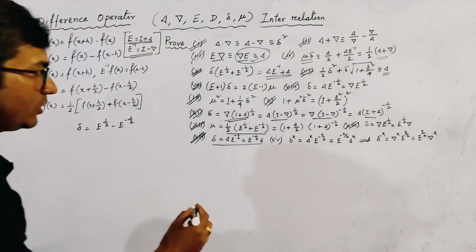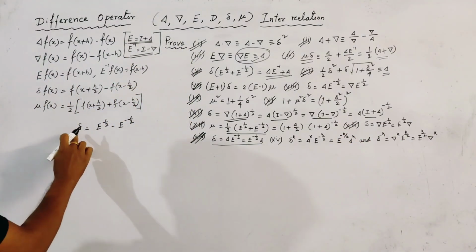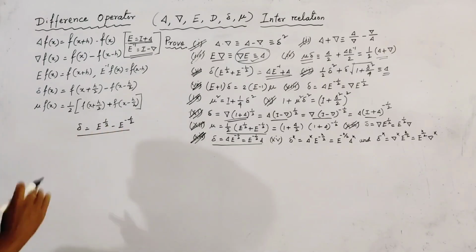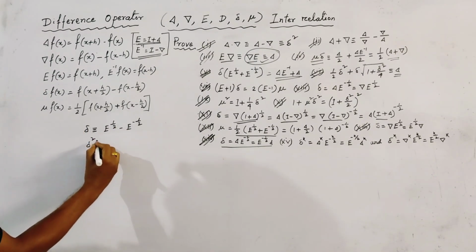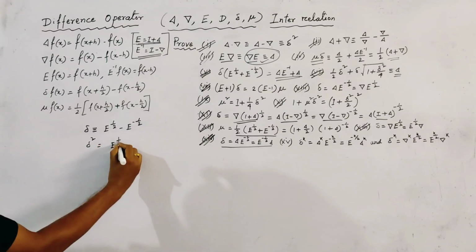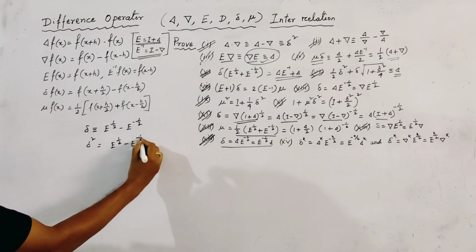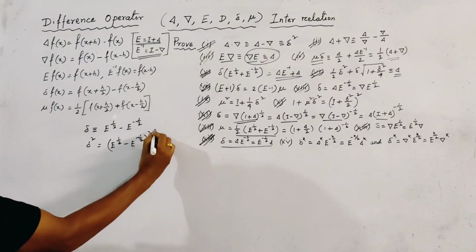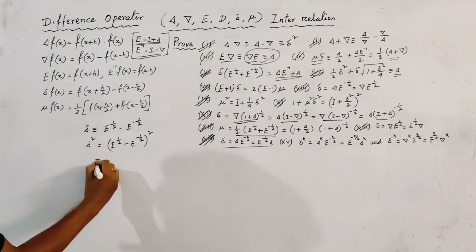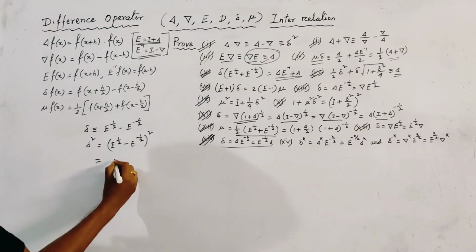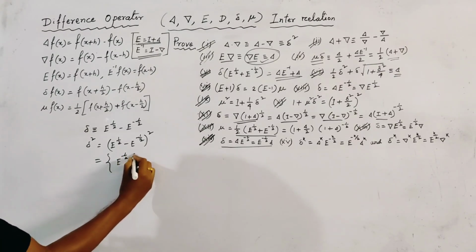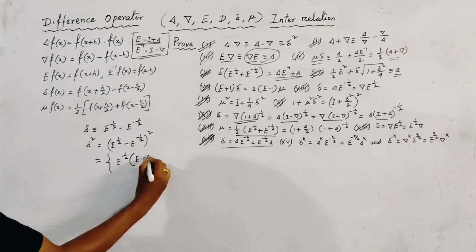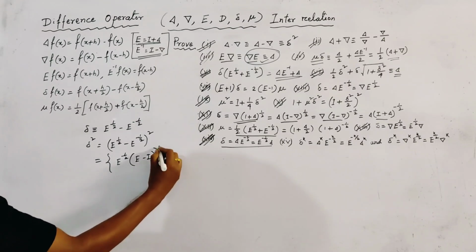Now from the definition of delta we write this. Squaring both sides of this definition, we get delta square equal to e to the power half minus e to the power minus half whole square. From here, taking common e to the power minus half, this is e minus I whole square.